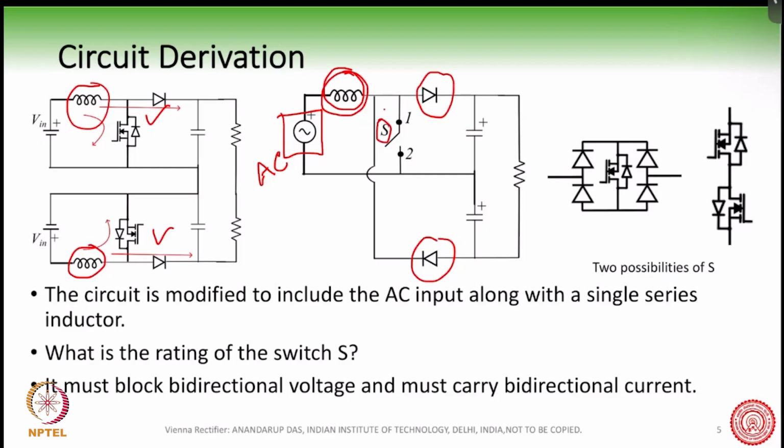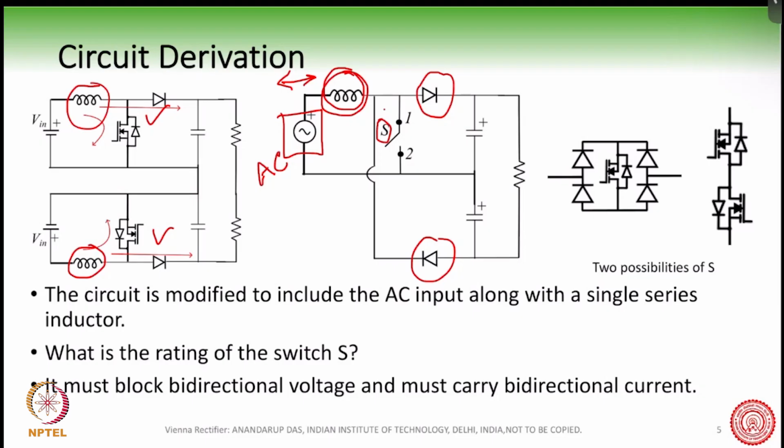Okay. Now, let us understand here. Remember that this current here must be AC. The inductor current must be AC, which means that the current will reverse its polarity. We are talking about a rectifier with unity power factor operation. So the current will be following the grid voltage and it will be alternating.